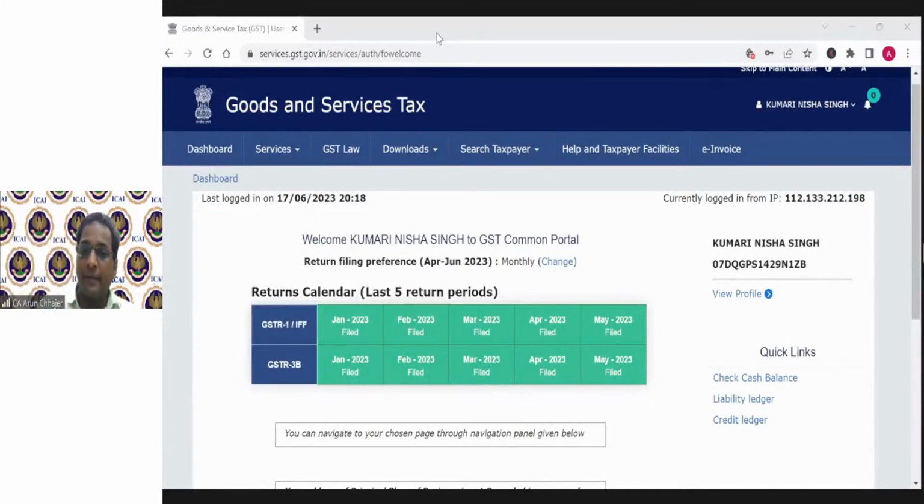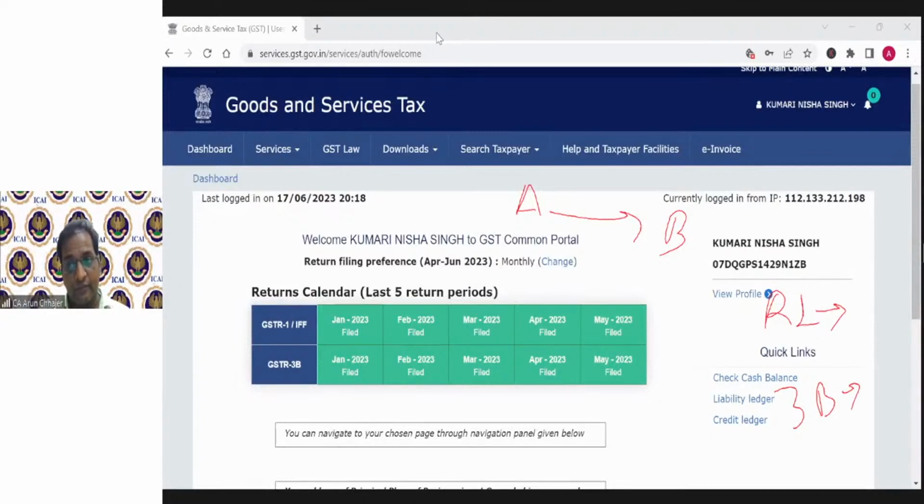So, for example, A is a supplier and B is a customer. What is GSTR1? The GSTR1 is the details of outward supply. What is GSTR3B?